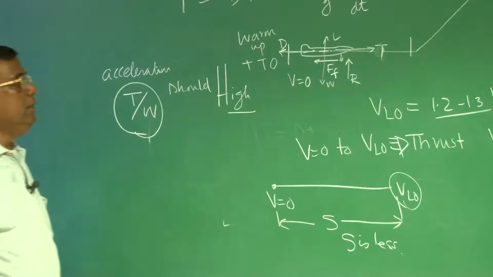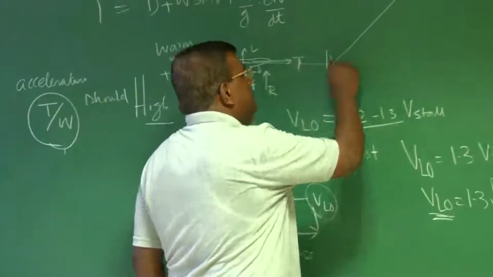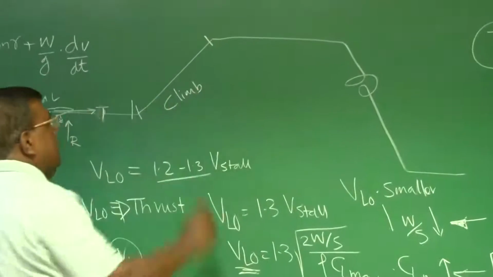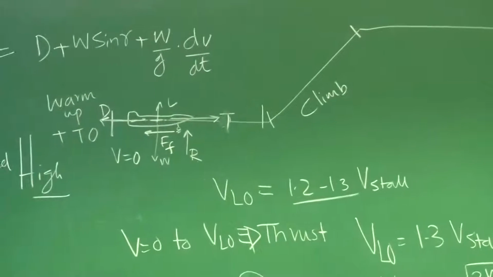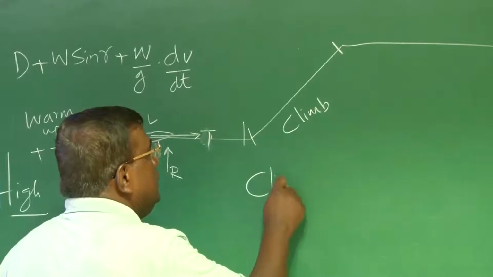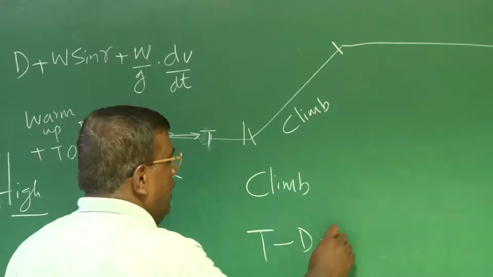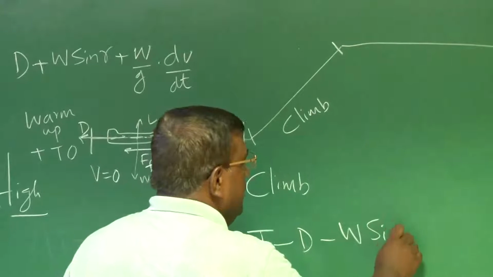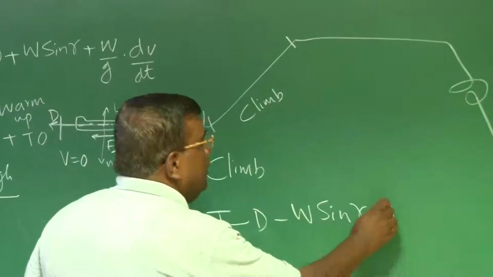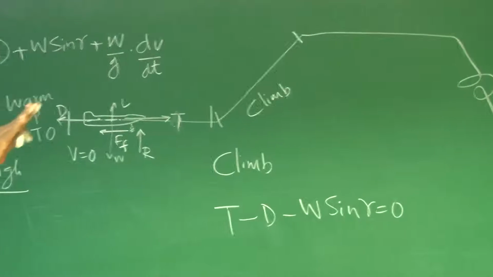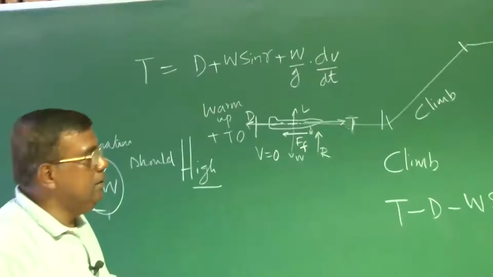This is one. Now come to climb. Let us see what the issue is in climb. In climb, you know that T minus D minus W sine gamma equal to 0 if it is climbing without any acceleration, going with a constant speed.